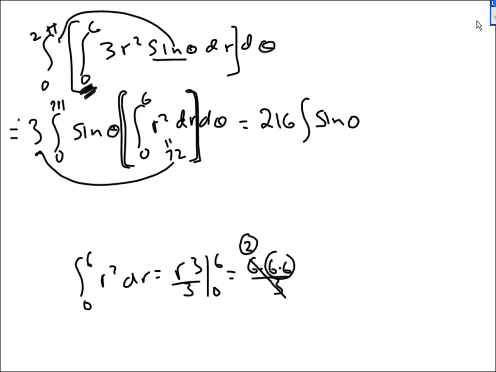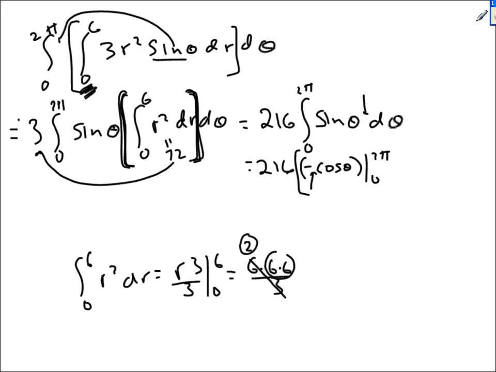Integral of sine theta d theta. I did what was in the middle. What was in the middle was that first integral that we had to do, which is 72. Okay, and this goes from 0 to 2 pi. The integral of sine theta is negative cosine theta from 0 to 2 pi. Now, I hate negatives.